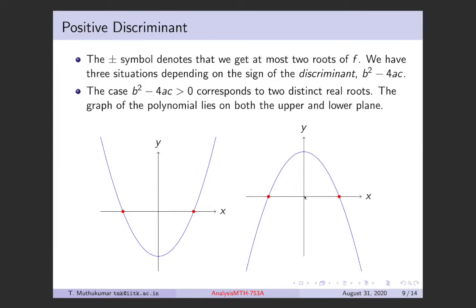So you get these two roots from the formula there, right? Because whenever the second degree polynomial has positive discriminant, the graph of the polynomial will always be lying on both sides, both in the upper and lower half plane. It will pass through both the planes, so it has to intersect the x-axis exactly at 2 points, because for a second degree polynomial there is actually only one curve that happens, the way you see in your picture here. So you will have two roots for the positive discriminant case.